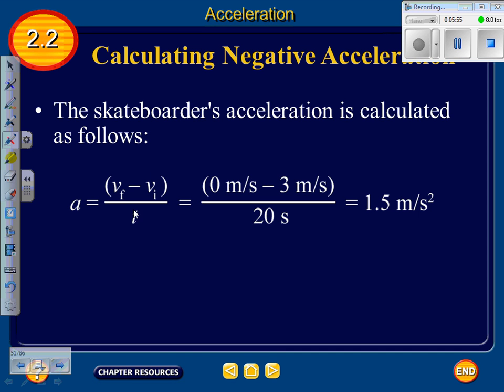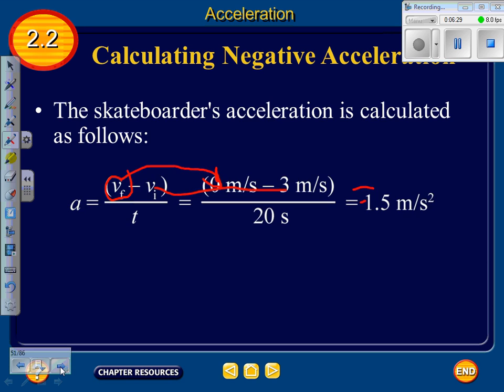His acceleration then, his final velocity is 0 because he stops, 0 minus his initial velocity of 3 meters per second, divided by 2 seconds. And that's going to give you, and here our book editors missed it, negative 1.5 meters per second squared. This should have a negative sign. Negative 1.5 meters per second squared.